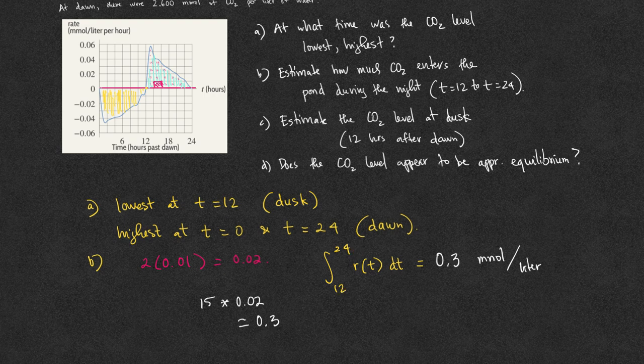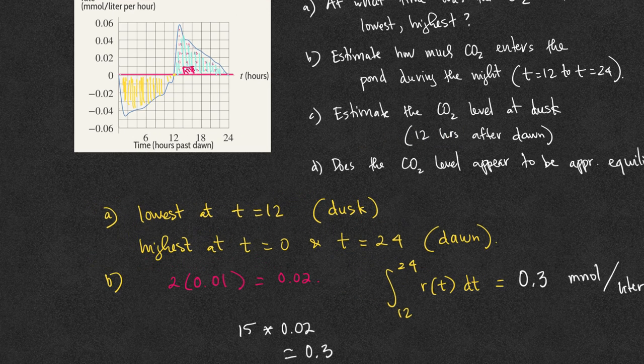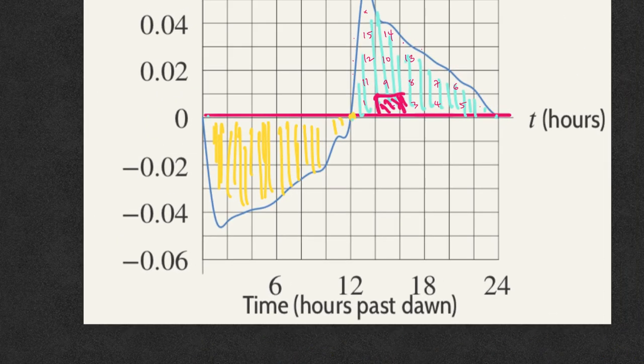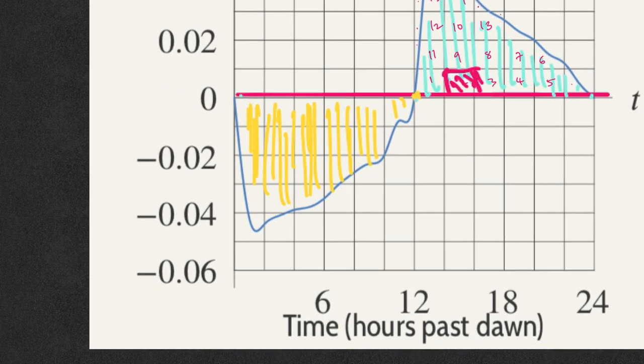For part C, estimate the CO2 level at dusk, 12 hours after dawn. We will follow the same procedure, counting the number of squares above the curve and below the horizontal axis. The goal is to see how many squares fit in this region.